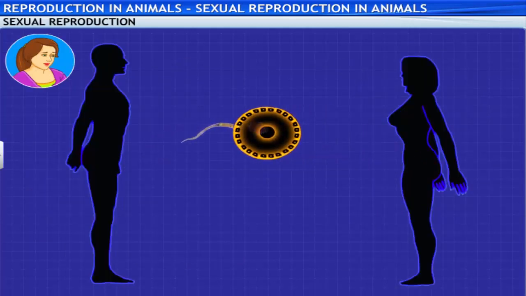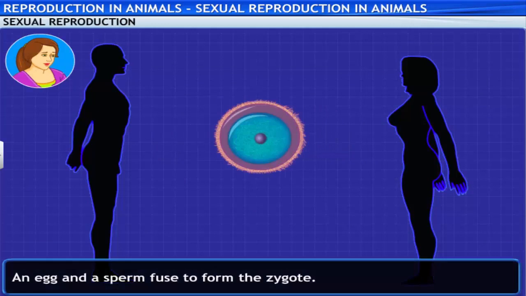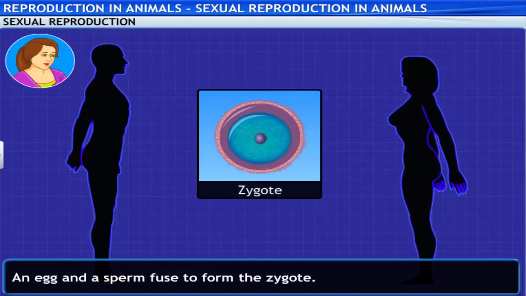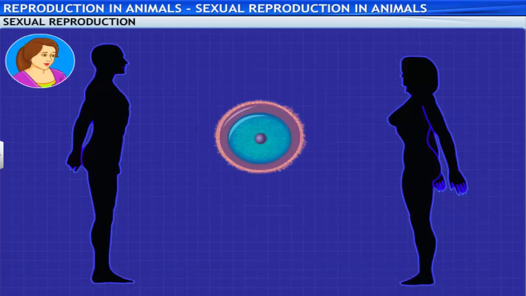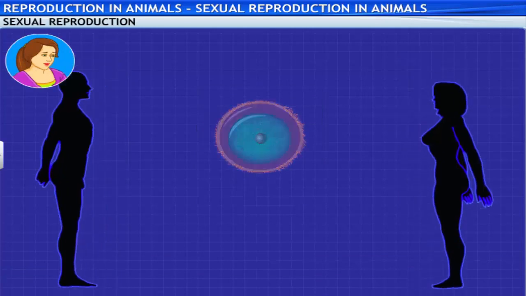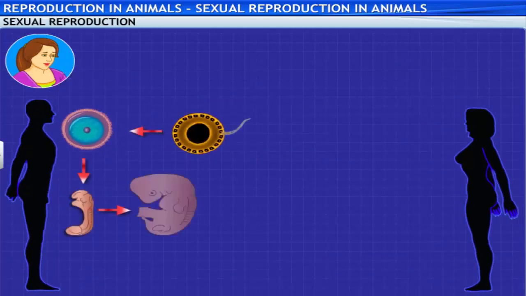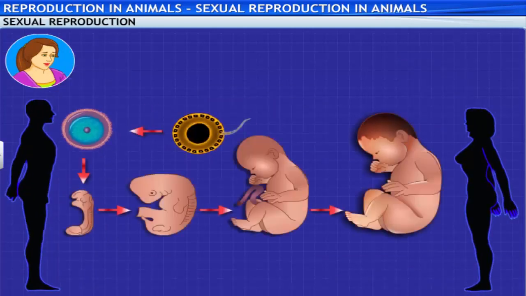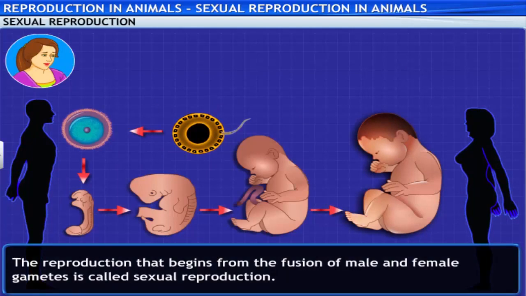When an egg and a sperm fuse, another, more powerful cell is created. This cell is known as a zygote. The zygote gradually gains power and develops into a baby. This type of reproduction that begins from the fusion of male and female gametes is called sexual reproduction.